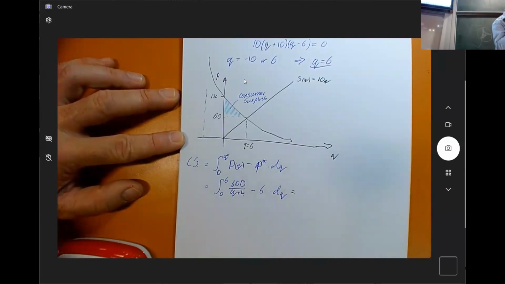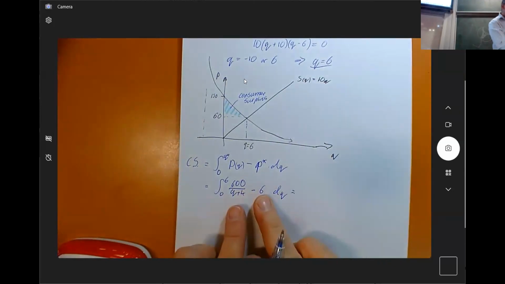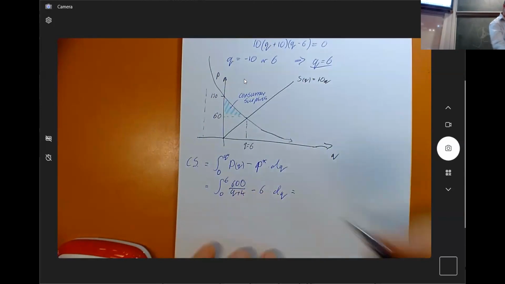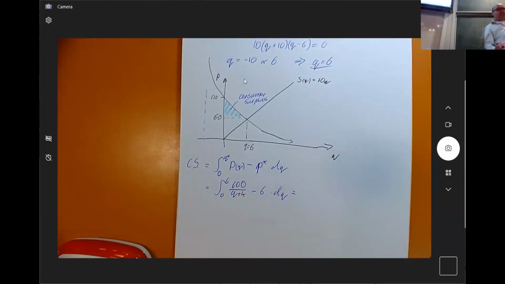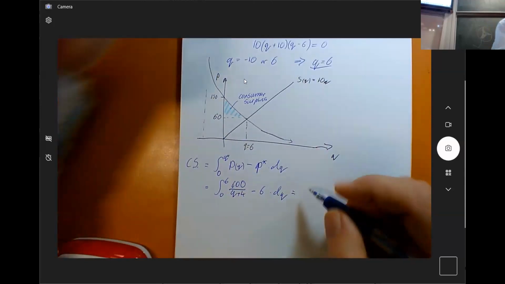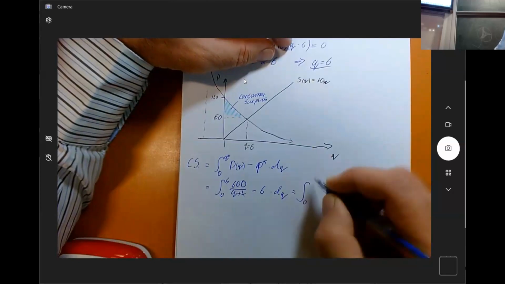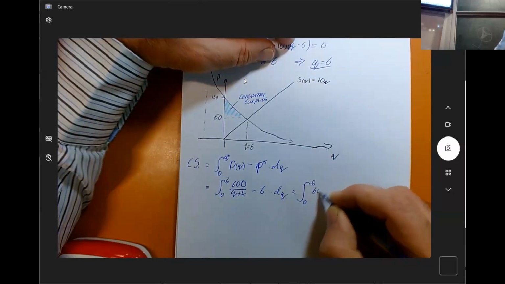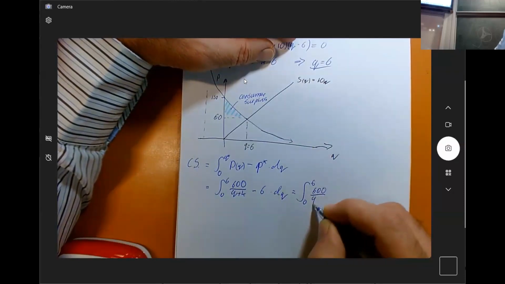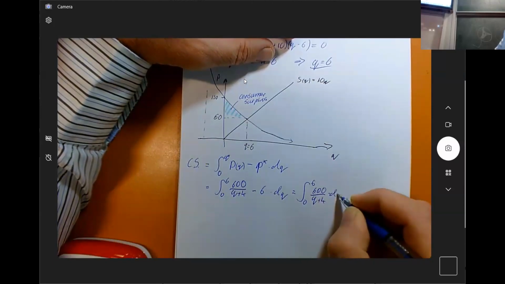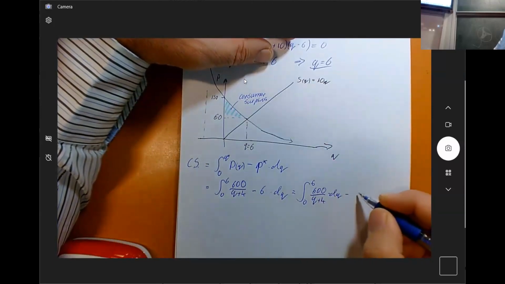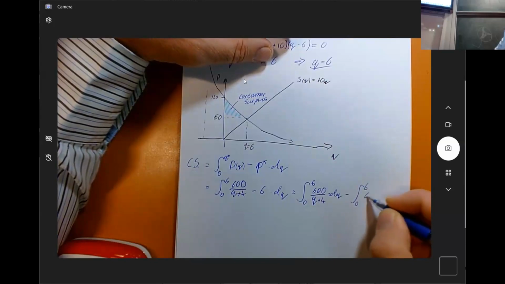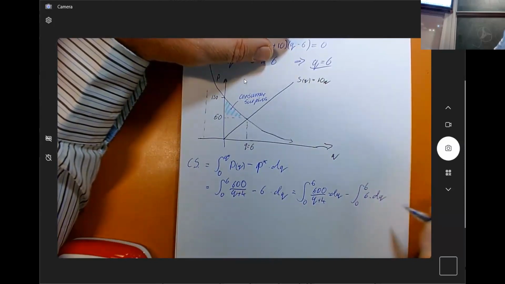I'm going to integrate those two bits separately, but do it all in the one go. It's kind of a bit of a test. Realistically, what I should do is the integral from 0 to 6 of 600 on Q plus 4 dq, minus the integral from 0 to 6 of 6 dq.